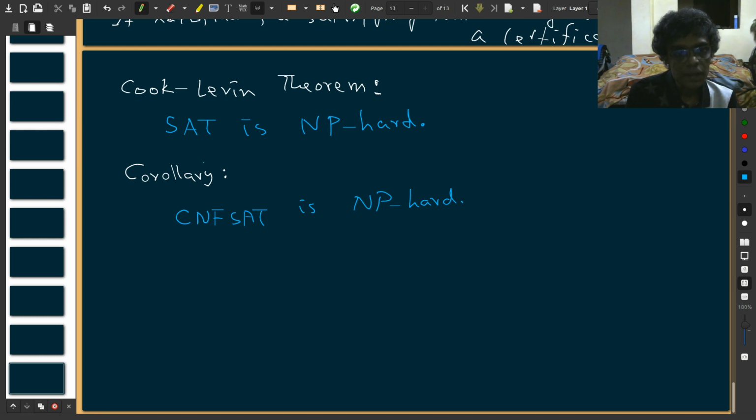Let us not worry too much about that. But these are the theorems that I will not prove in this course. So if you are interested, you may, for example, look at this book.